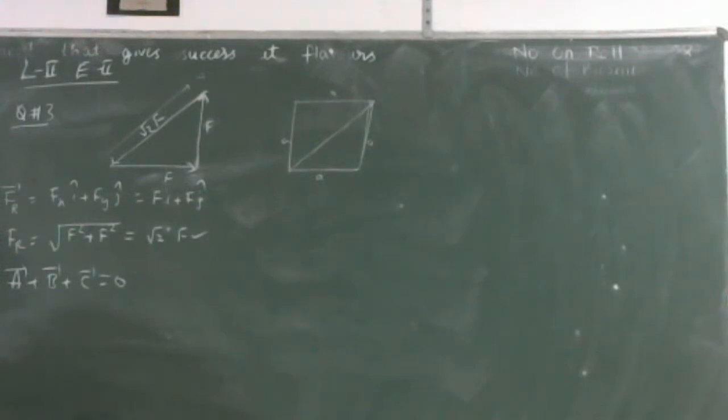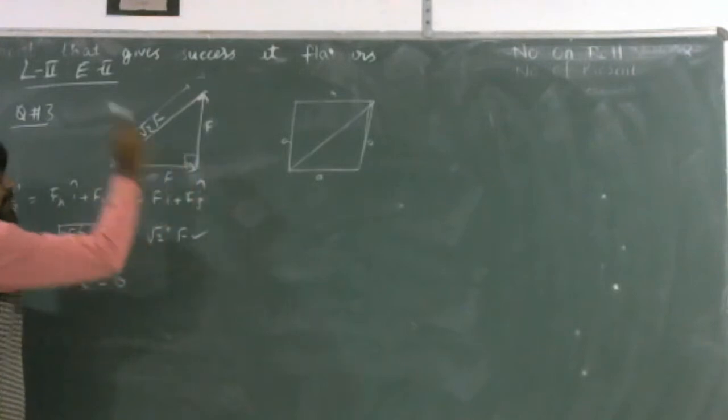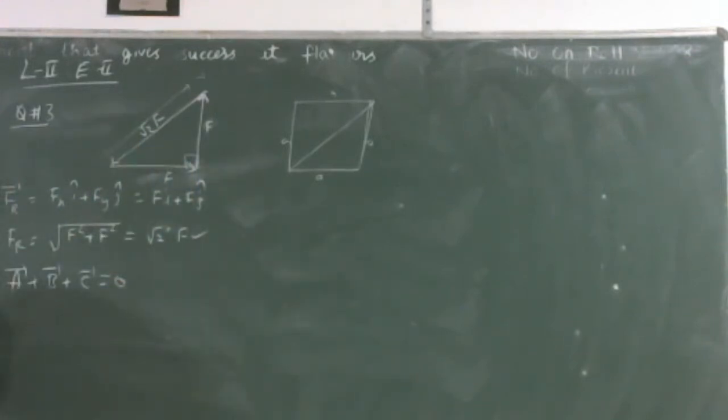Then what are you asked to find? The angle between the vectors. Here we are taking these as F1, F2, F3 in terms of force for understanding purposes. And this is possible only when it is a right angle triangle. That is what we have to understand first.